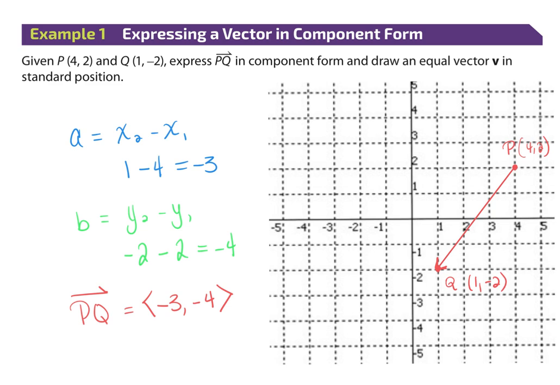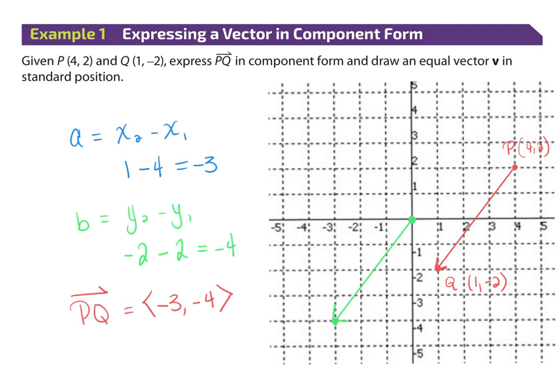And what that means is starting from the origin, this tells me how to move to the ending point. So in this case, my origin will be my starting point, and negative 3, negative 4 will be my ending point right there. And so this is how I'm going to draw this vector in standard position.